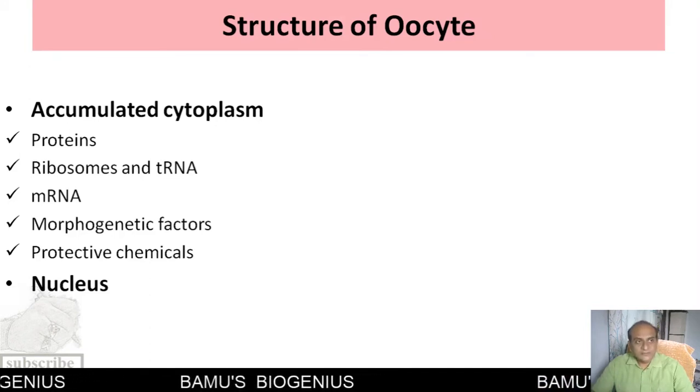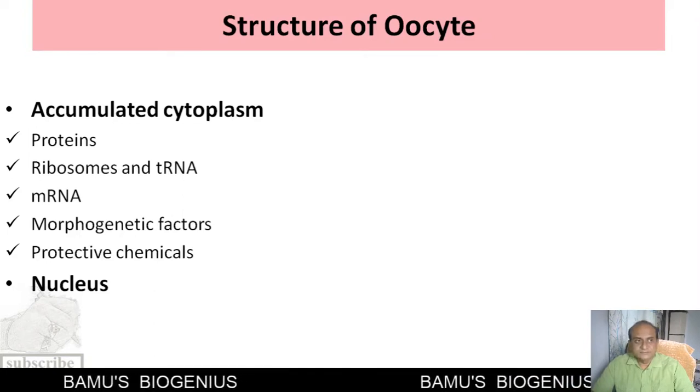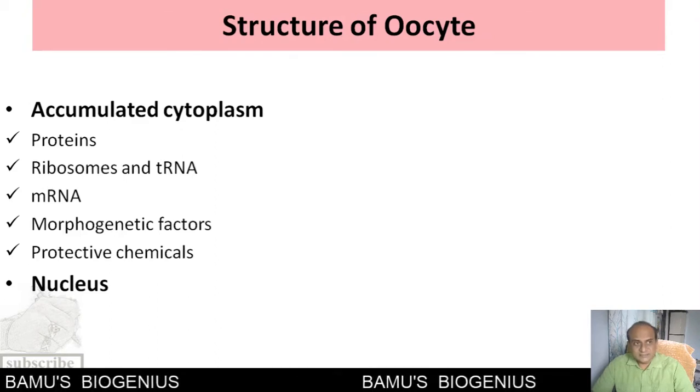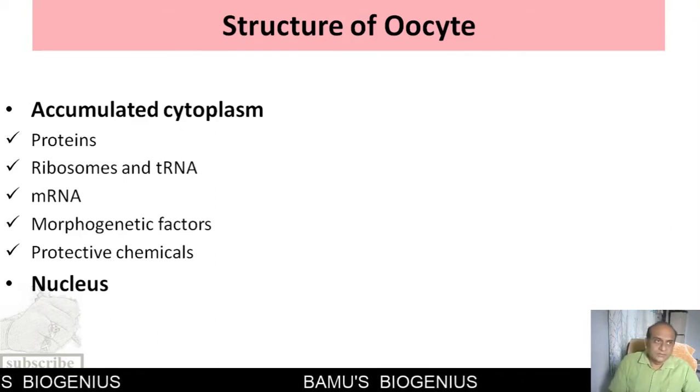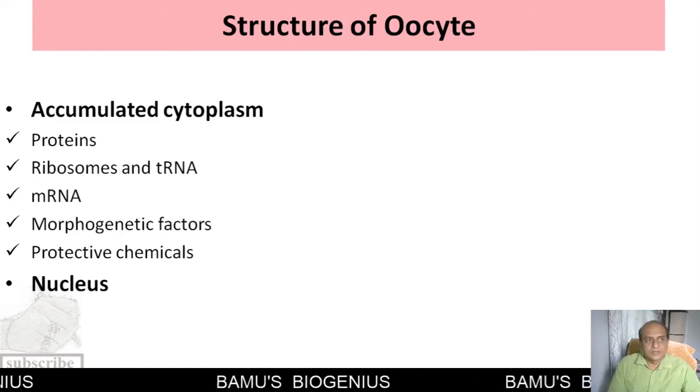To avoid DNA damage due to the UV radiation, the cytoplasm of the oocyte contains DNA repair enzymes, and even if there is damage, these DNA repair enzymes protect the DNA.